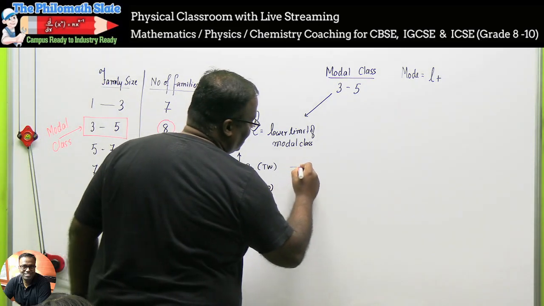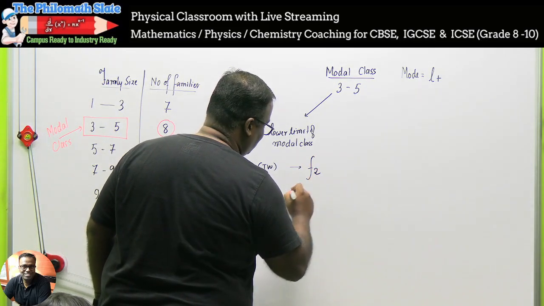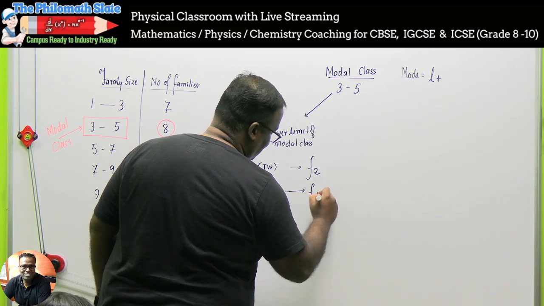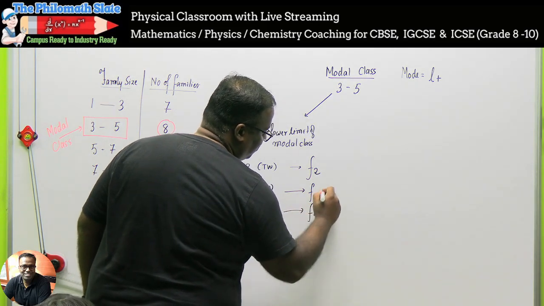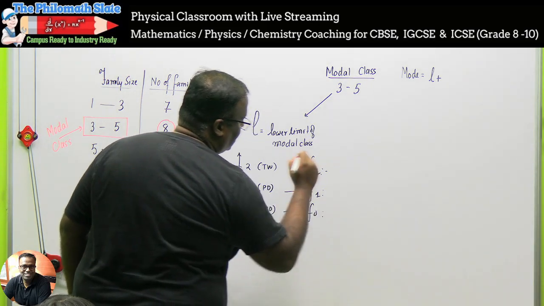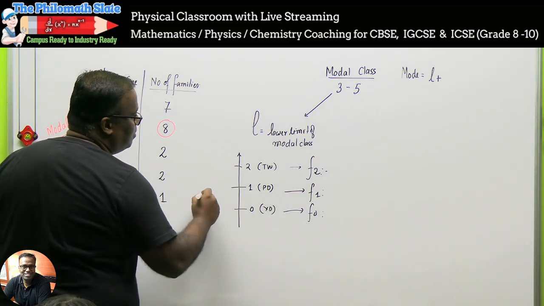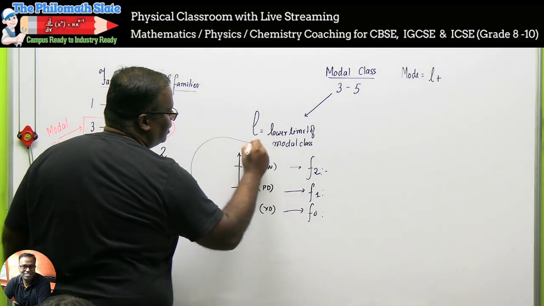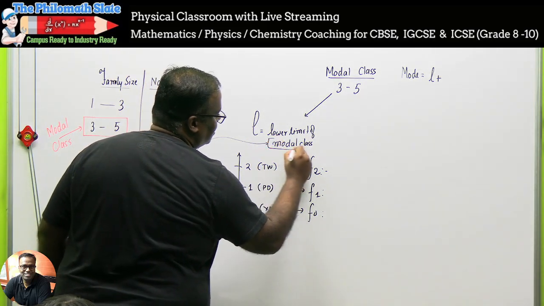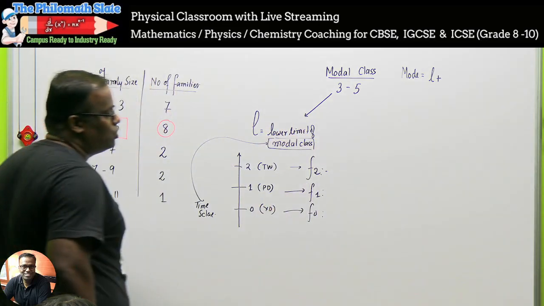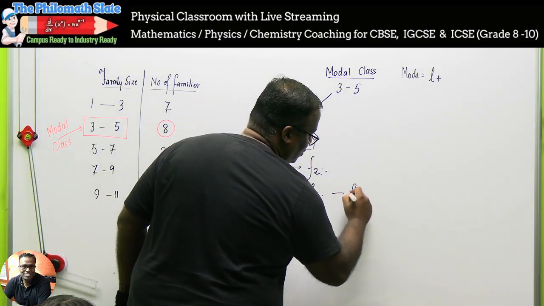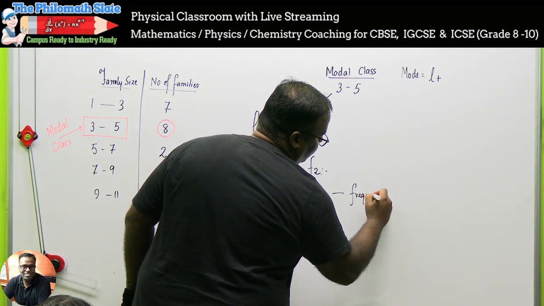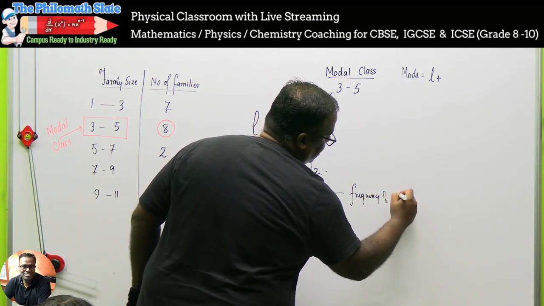So we will designate one thing called F2, one thing called F1, and one thing called F0. Time for us, when we say time, our time is nothing but the modal class. So F1 means frequency of modal class.